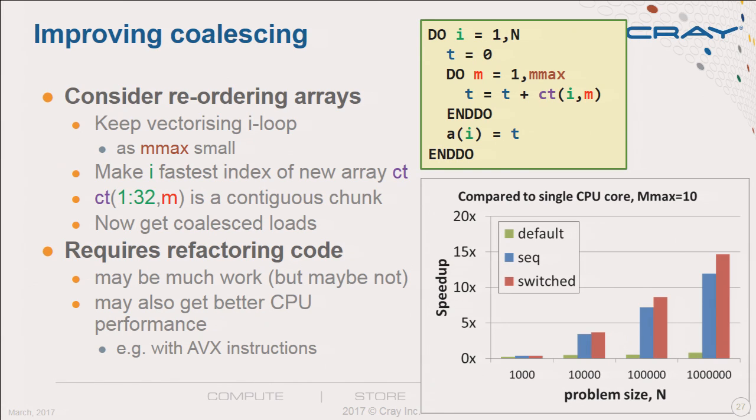This is just a short example where you can see these different problem sizes, and you have the default behavior, and then you do this sequential operation of the inner loop, so you vectorize over the outer loop, and then in the second step you additionally turn around your matrix index so that you act on the faster going index.